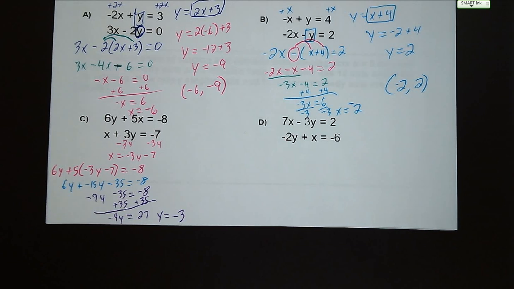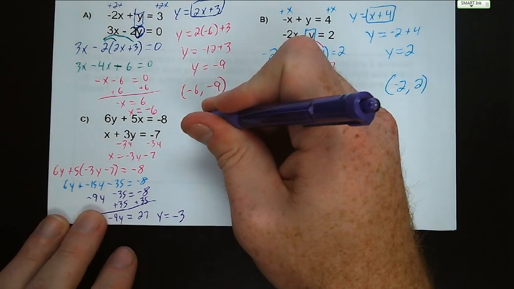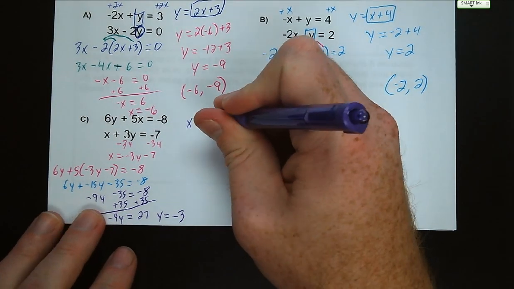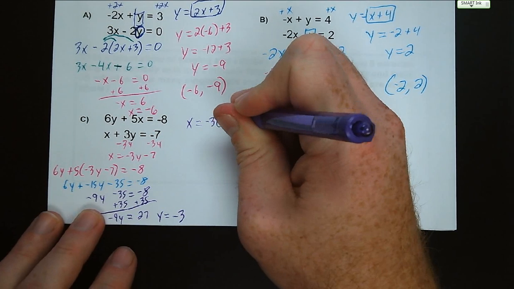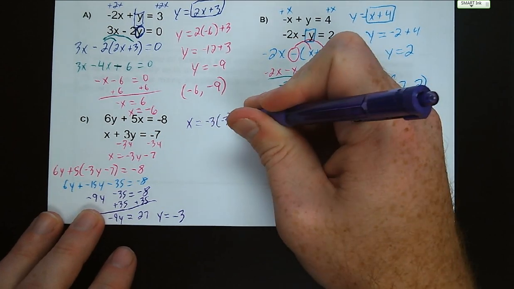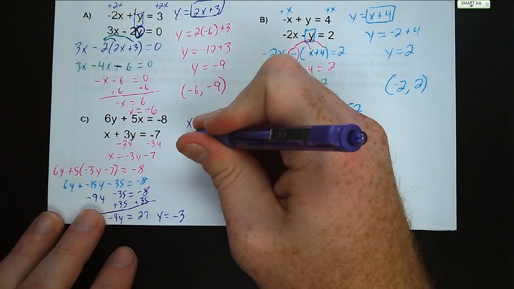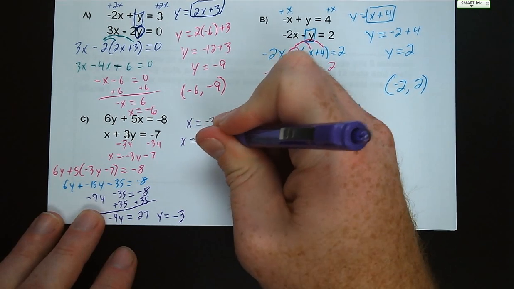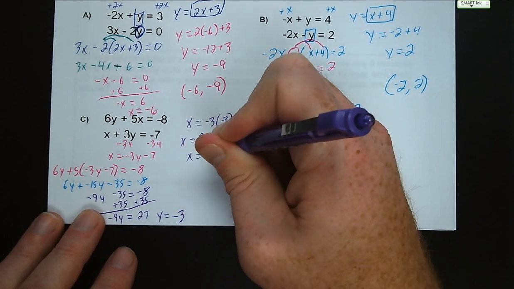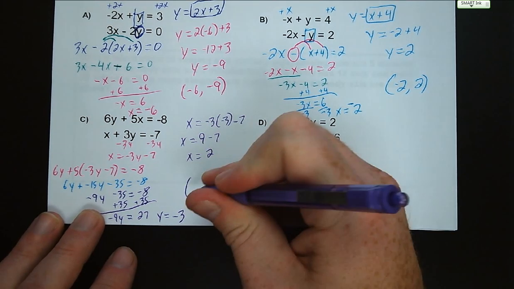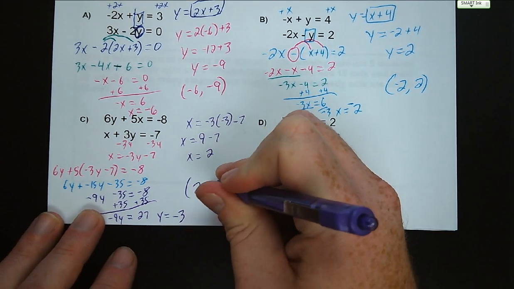So we have our equation. x equals negative 3 times negative 3 minus 7. So x equals 9 minus 7. x equals 2. So my ordered pair is 2, negative 3.